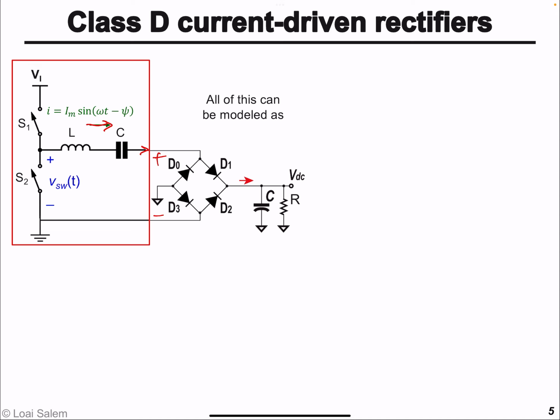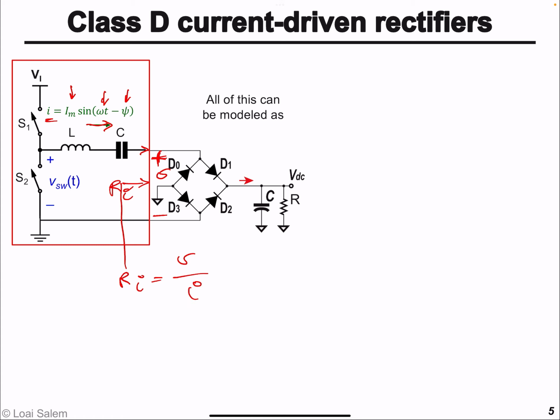From a previous video, it's a sinusoidal current with amplitude Im times sine of omega t minus psi, so we have some phase lag psi. Once we find the voltage across the full bridge rectifier, we extract the fundamental component, and the equivalent input resistance Ri will be the ratio between the voltage across the bridge rectifier, divided by the sinusoidal current I.